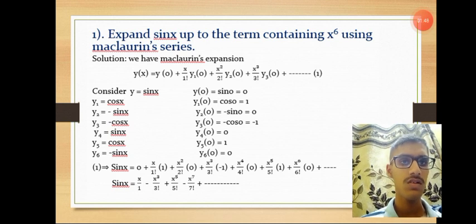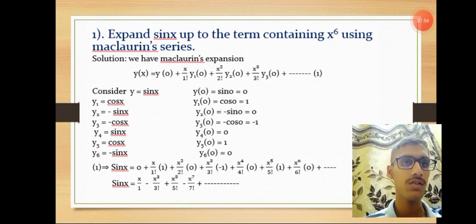As follows, you have to find out y3 value, y3 of 0, y4, y5, y6 values, and their consequent y4 of 0, y5 of 0 and y6 of 0 values, and substitute in the Maclaurin series expression.